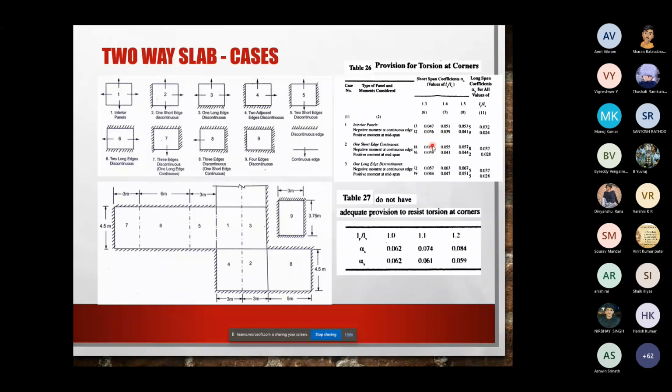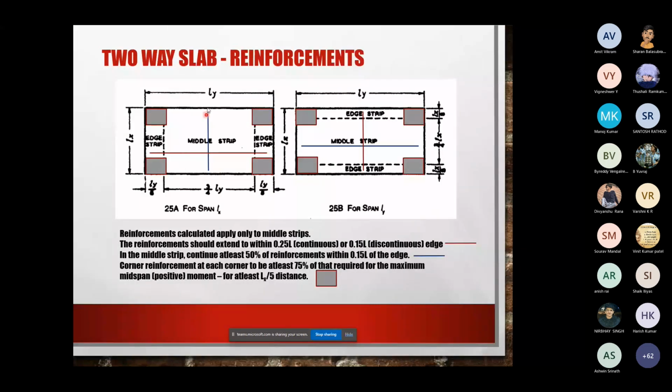Based on these coefficients you will find bending moments, and based on the bending moments you will find reinforcements for positive and negative, and they are applicable to the middle strip, within this region. That is what it says over here: the reinforcement should extend to within 0.25 L of a continuous edge or 0.15 L of a discontinuous edge, and in the middle strip continue at least 50% of the reinforcements to within 0.15 L.